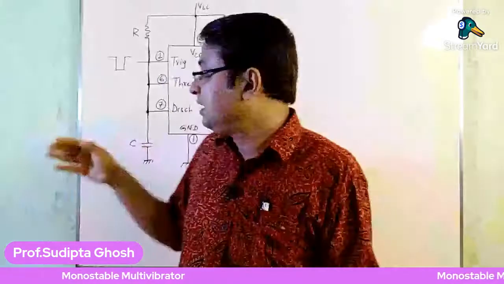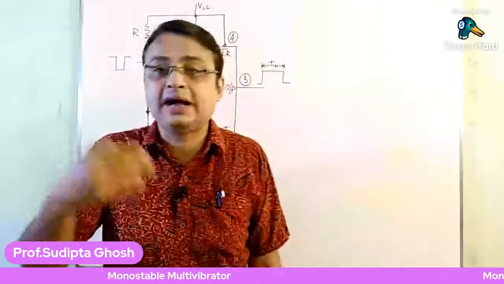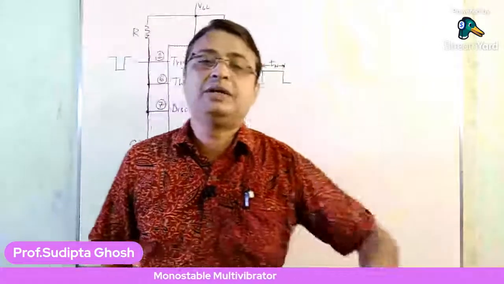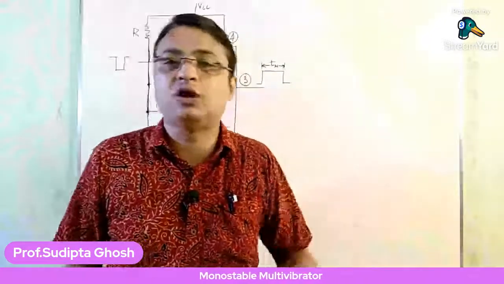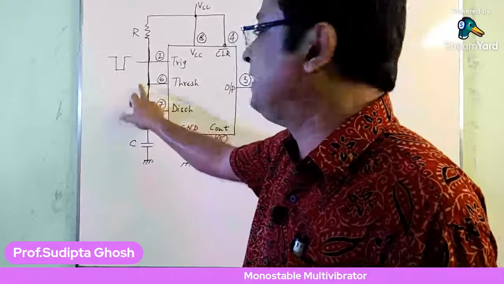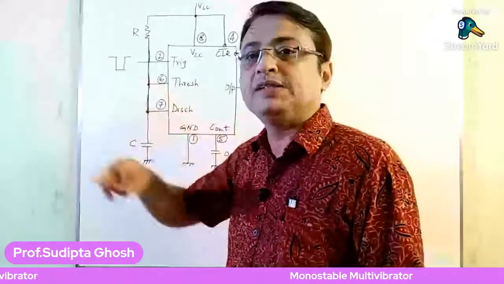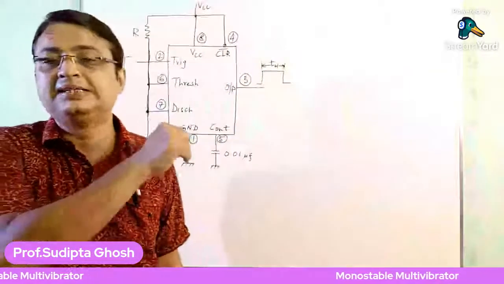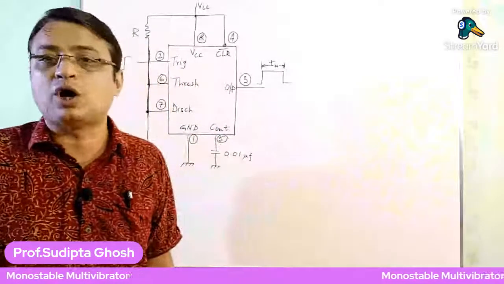While the capacitor has a value higher than 2/3 VCC, again I am repeating to make it easier for you to familiarize with this topic, if the capacitor is charging and then after reaching the value of 2/3 VCC, as this capacitor is connected to pin number 6, which is the threshold pin, the threshold pin goes above the value of 2/3 VCC, which makes the reset input go high for the RS flip-flop inside the 555 timer, which actually makes a low at the output of the 555 timer.